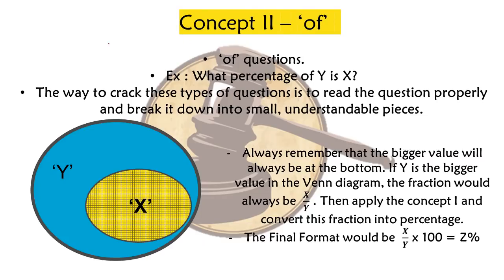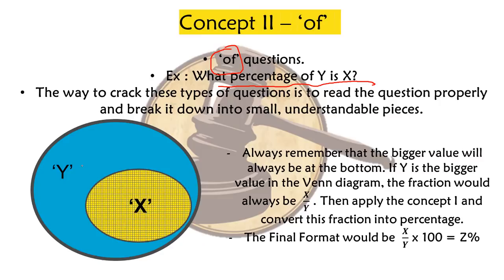It is not really a concept but a type of question. These are the 'of' questions. So these questions come like, what percentage of y is x? So the easiest way to crack these types of question is to read the question very properly and break it down into small understandable pieces. So if I ask you what percentage of y is x, immediately this diagram should pop up in your mind.